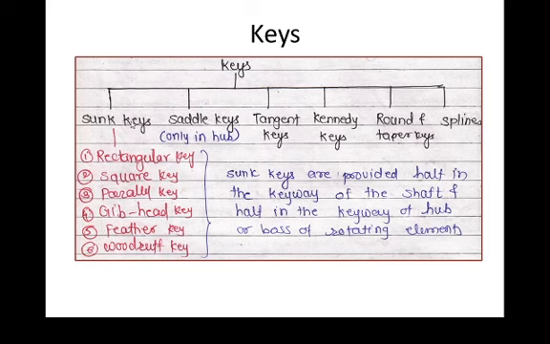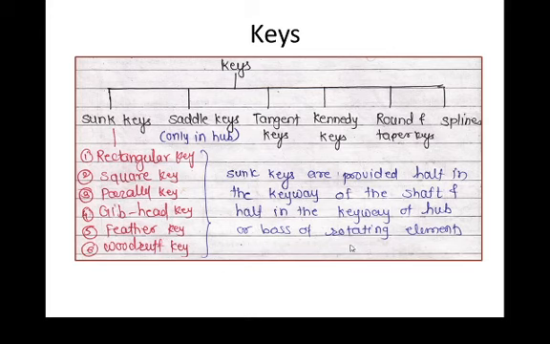In a sunk key, 50% of the key will be in the shaft and 50% of the key will be in the hub. The same thing is mentioned here: sunk keys are provided half in the keyway of the shaft and half in the keyway of the hub or the boss of the rotating element.